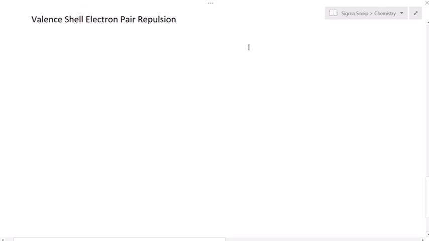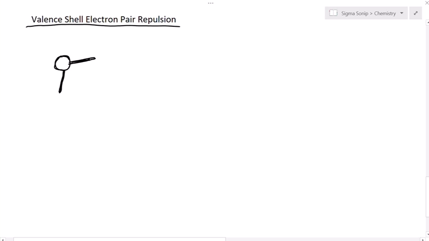With that revision out of the way, let's look at the valence shell electron pair repulsion theory. So we start with this. Let's say that I have a sphere here, and there are 2 sticks attached to the surface of this sphere. Just imagine that these sticks are free to move along the surface of this sphere, and they repel each other.